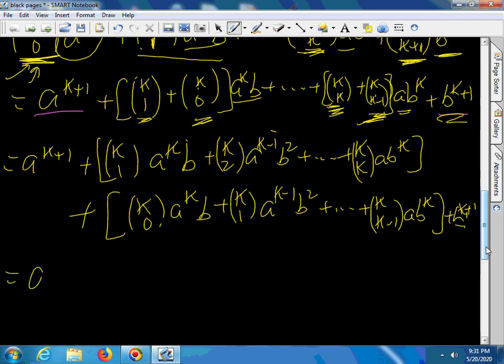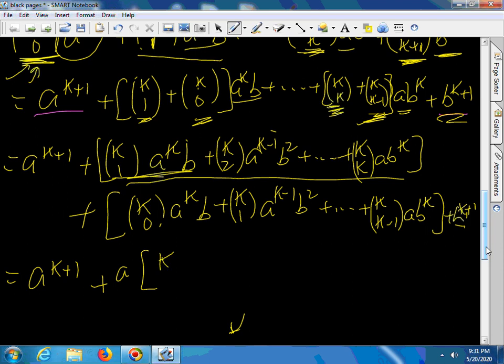So this is equal to a to the k plus 1 plus, now in here I'm going to factor out an a. So I'm going to have k choose 1, a to the k minus 1 times b, plus k choose 2, 1 less on the a, a to the k minus 2 times b squared, all the way down to k choose k.